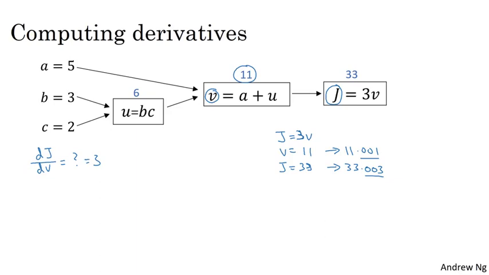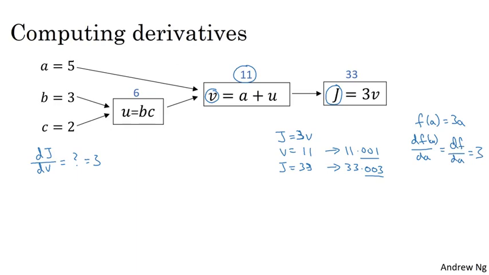And in fact, this is very analogous to the example we had in the previous video, where we had f of a equals 3a, and so we derived that df dA, with slightly simplified, slightly sloppy notation, you can write as df dA was equal to 3, right?